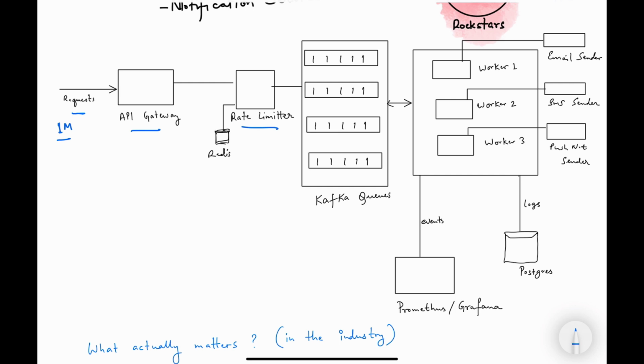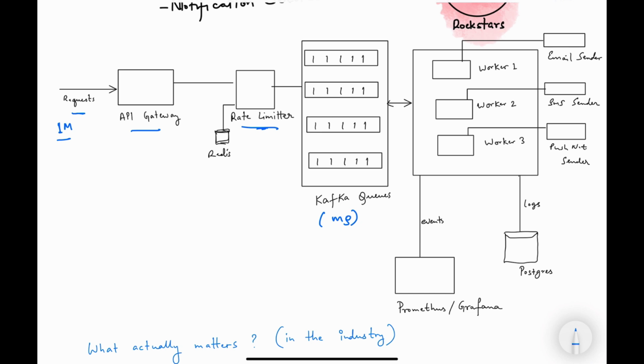So for now, just stay with me. The notification requests come through the API gateway, land in our rate limiter, and the rate limiter forwards them to something called message queues. Let's say we have a few message queues here that we have denoted as Kafka queues, and we'll learn about each of these components slowly as we move forward.